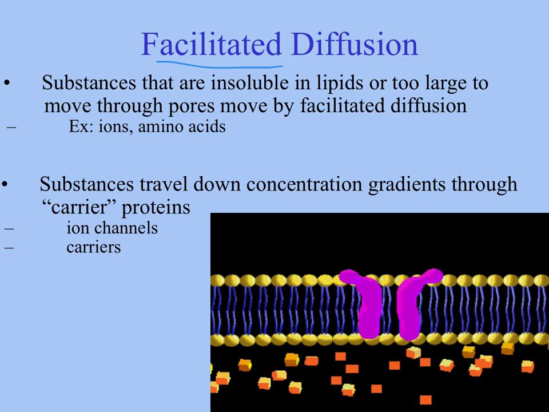And so that's what we mean by facilitated diffusion. These channels or carriers help the substance diffuse through the cell membrane down its concentration gradient. Examples of this include all your major ion channels: sodium channels, calcium channels, potassium channels, and so on.